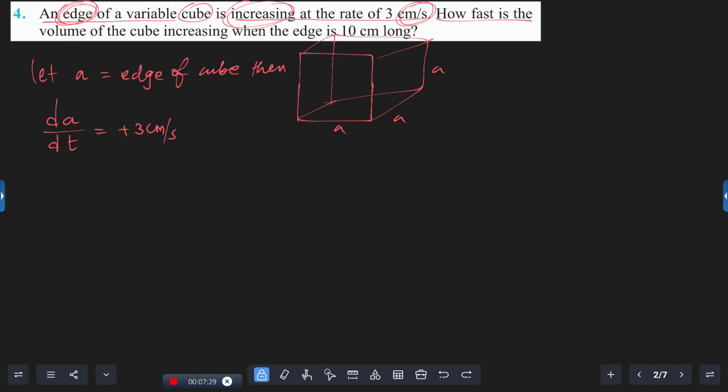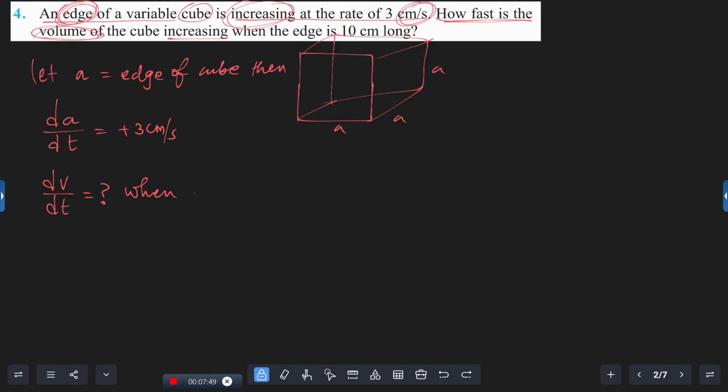Next, we have to find how fast the volume of the cube is increasing. So what they are asking is to find dV by dt equal to question mark, when the edge is 10 centimeter long.